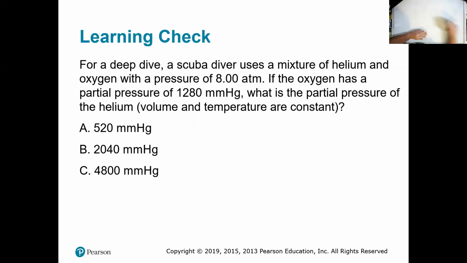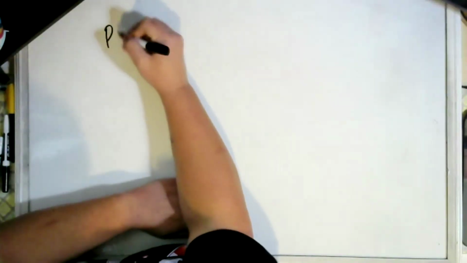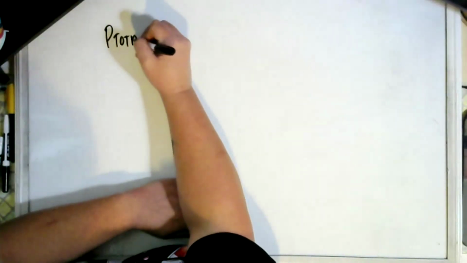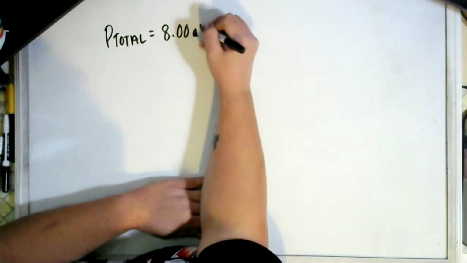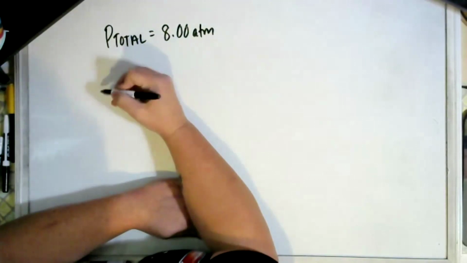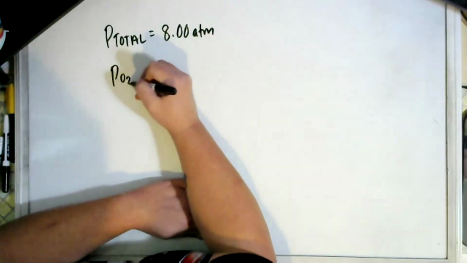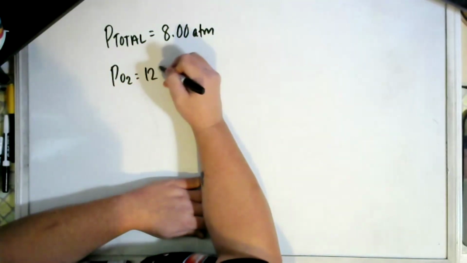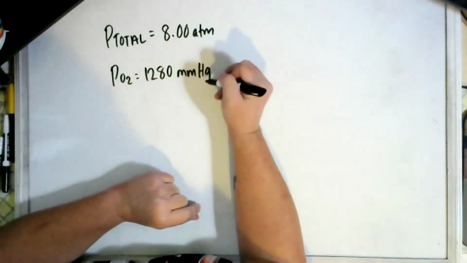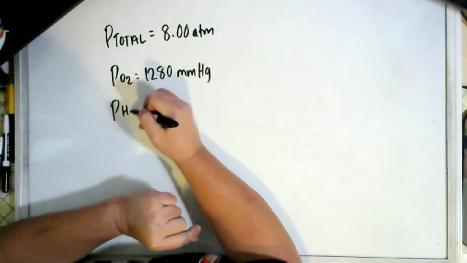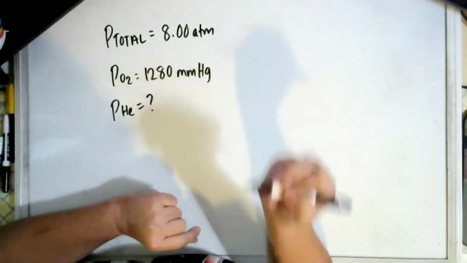All right, so let's organize this information. They're telling us that the total pressure of our mixture is 8 atmospheres, and that the pressure of our oxygen is 1280 millimeters of mercury. We're trying to figure out what the pressure of our helium is going to be.